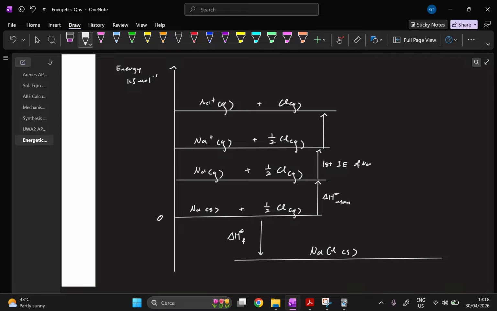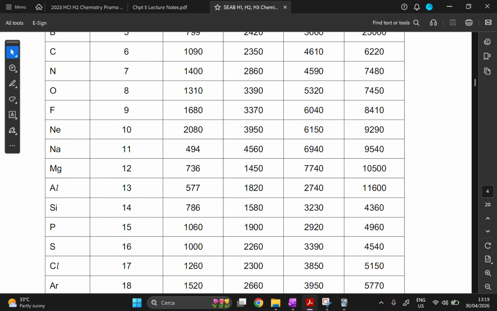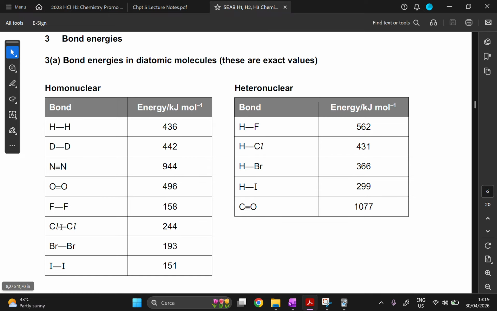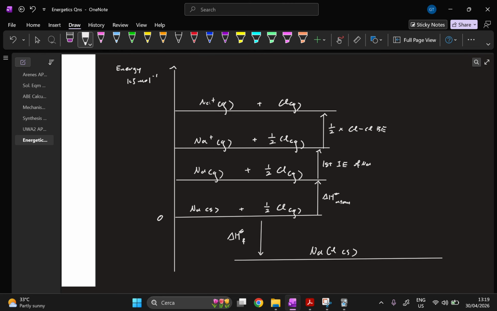So just remember, these coefficients are just number of moles. Because bond energy is the energy needed to break 1 mole of a covalent bond, I only want to break half a mole of a covalent bond. So it's just half of the Cl-Cl bond energy. And Cl-Cl bond energy is just here, under homonuclear, which is just 244.